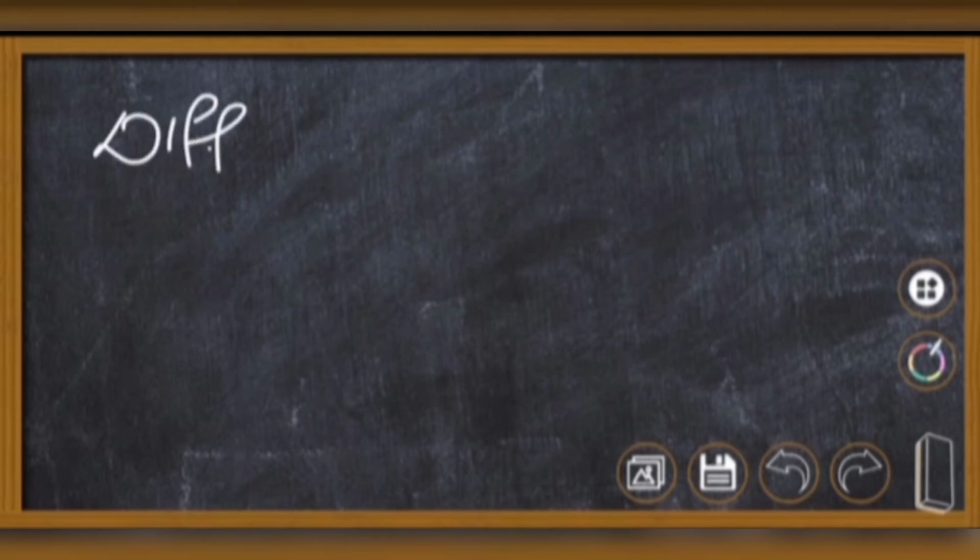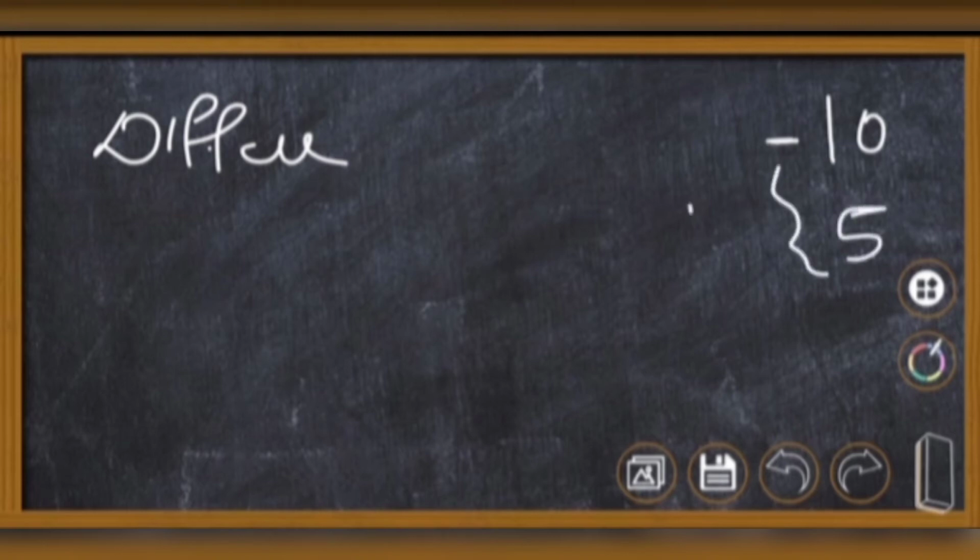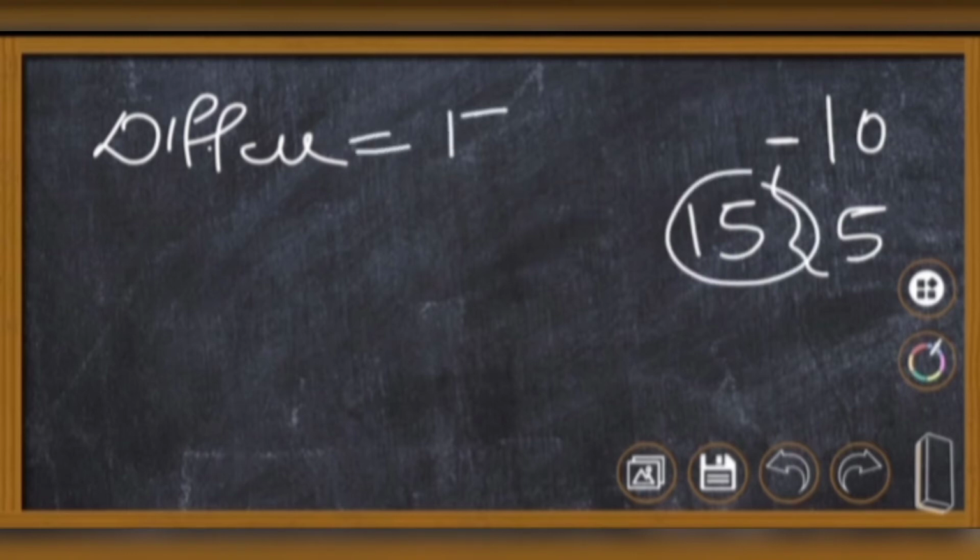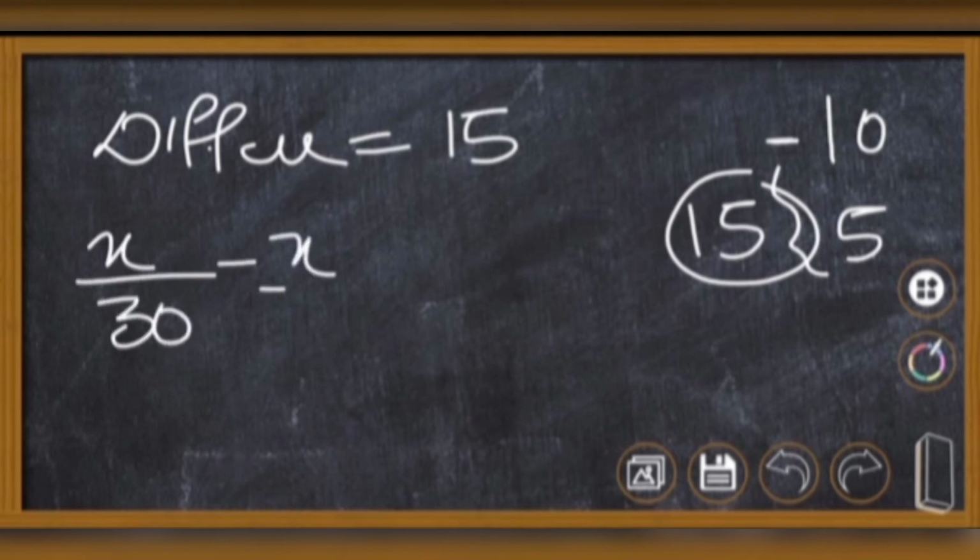So, the difference between the times is x by 30 minus x by 40, which is equal to the difference between the time, that is 10 minutes late and 5 minutes early, which gives you 15 minutes of overall difference.